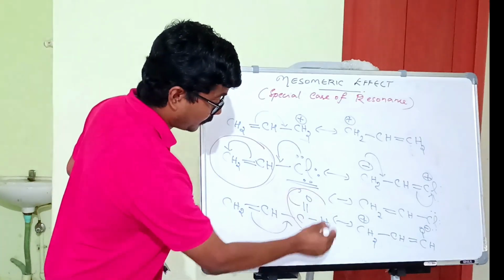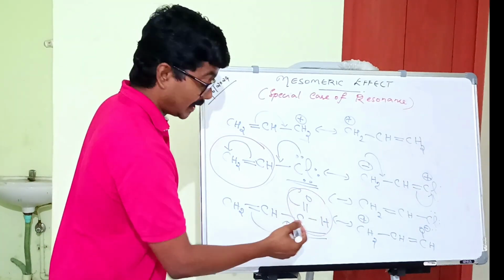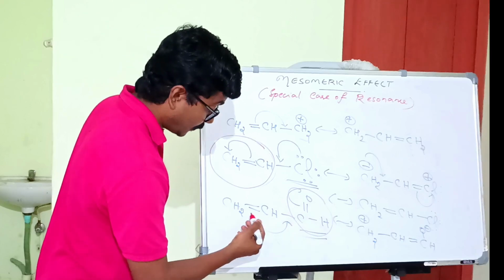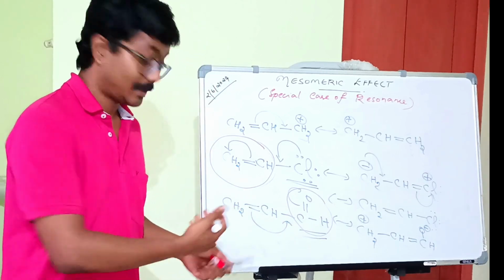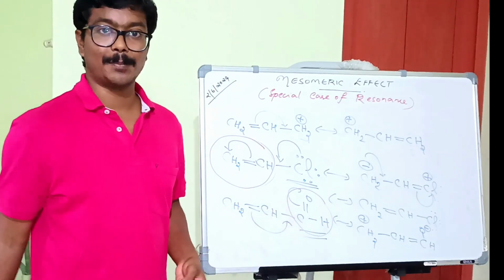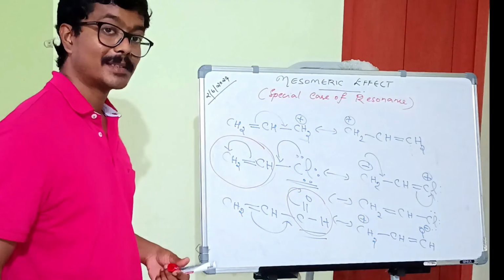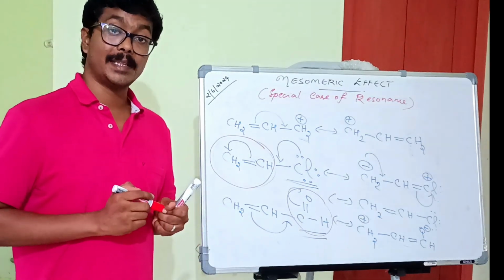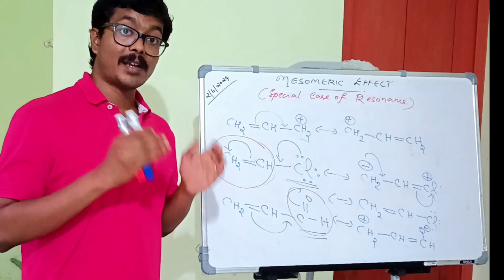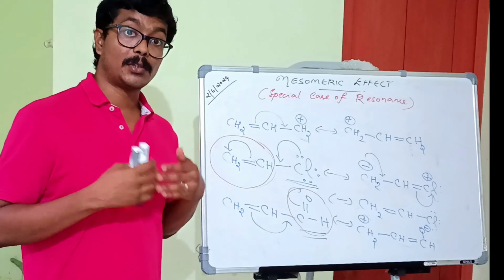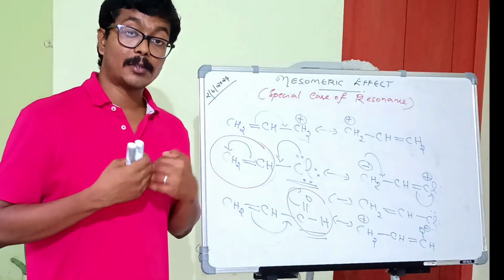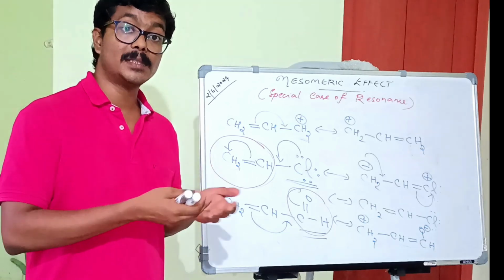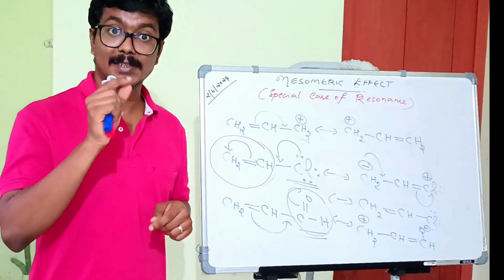And here, the aldehyde group withdraws electrons from the conjugate system. This is known as the Mesomeric effect. So the Mesomeric effect is when a functional group donates or withdraws electrons from a conjugated system through resonance.